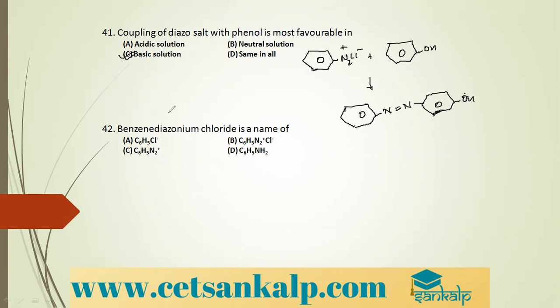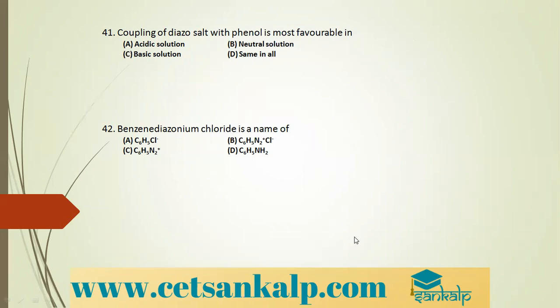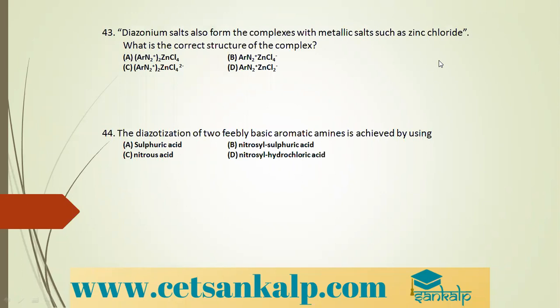Next, benzene diazonium chloride, C6H5N2+Cl-, is the name of this compound. Diazonium salts, we have seen the nomenclature as well as the methods of preparation. Next, diazonium salts also form complexes with metallic salts such as zinc chloride. What is the correct structure of the complex?